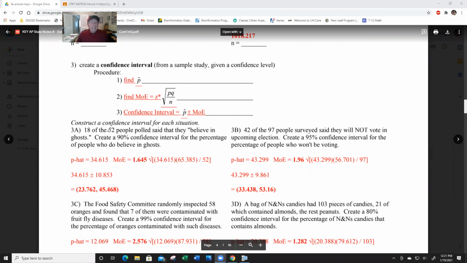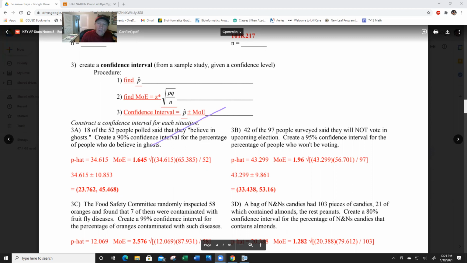18 of 52 people said they believe in ghosts. Create a 90% confidence interval for the percentage of people who do believe in ghosts. So I'm gonna draw this out. 18 out of 52 is about 35%.